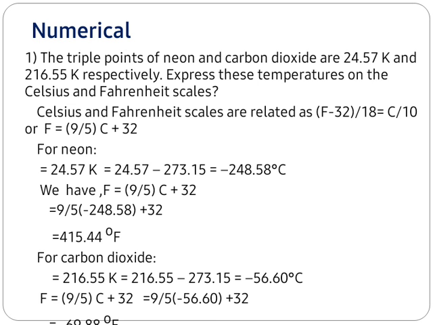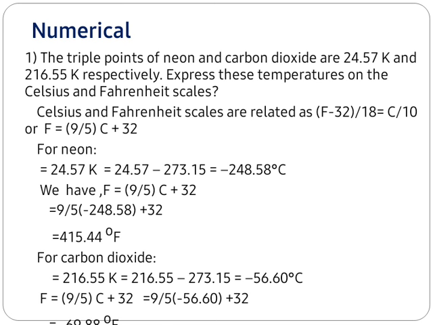248.58 degrees Celsius. Then we have F is equal to 9 by 5 C plus 32. By substituting the values, we get F is equal to minus 415.44 degrees Fahrenheit. For carbon dioxide, the triple point is 216.55 Kelvin.